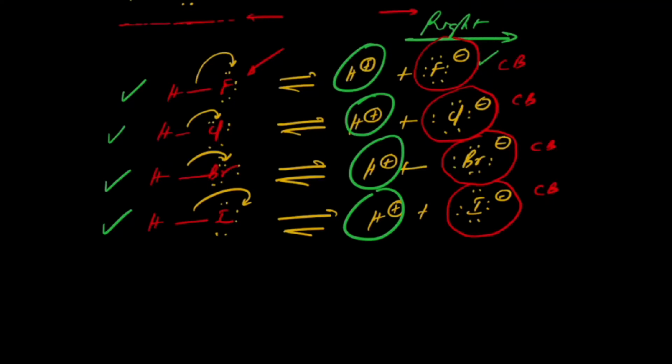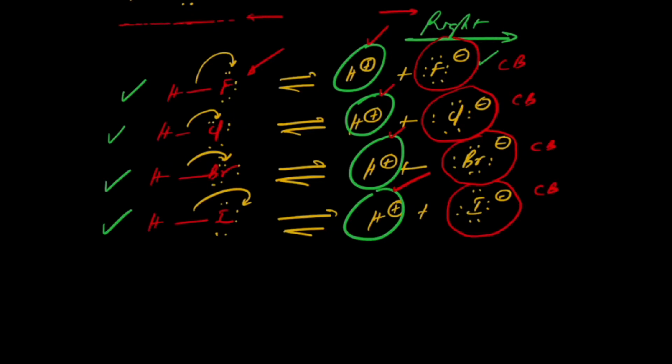Clear? The stabler the base, the more towards the right the equilibrium is. That means if the conjugate base is happy, the acid is happy to give away the proton.